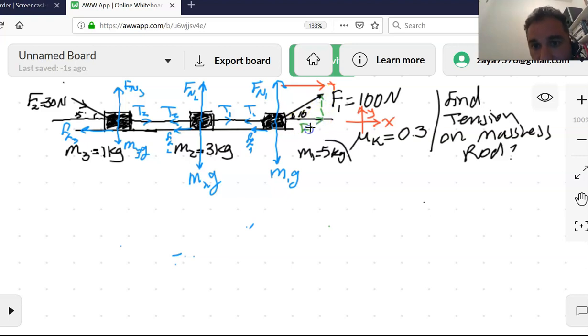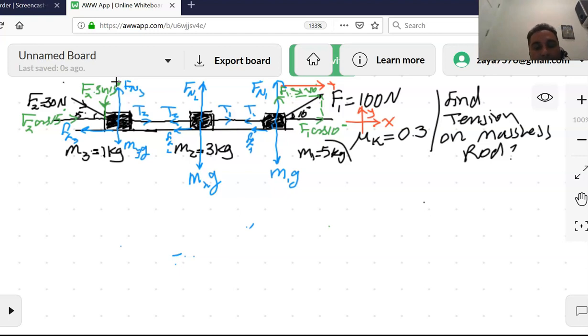This will be F1 cosine 10, and at the same time this will be F1 sine 10. Here also I am going to have F2 cosine 15, and also F2 sine 15.